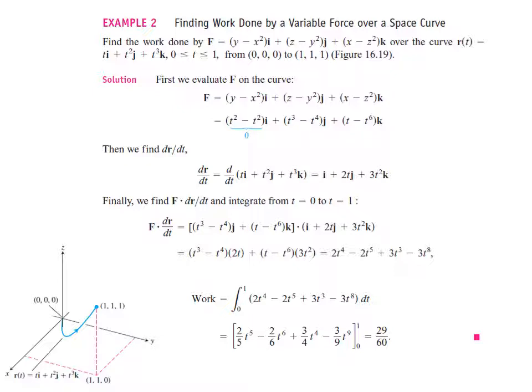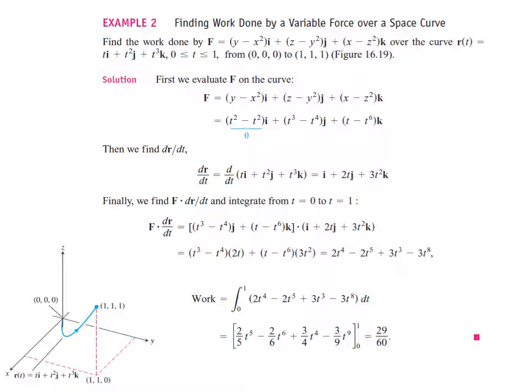Therefore, work done can be written as the integration from 0 to 1 of F dot dr by dt into dt. Here F dot dr by dt is equal to 2 t to the power of 4 minus 2 t to the power of 5 plus 3 t cube minus 3 t to the power of 8. Then you have to integrate with respect to t. Integrating t to the power of 4 gives t power 5 by 5.